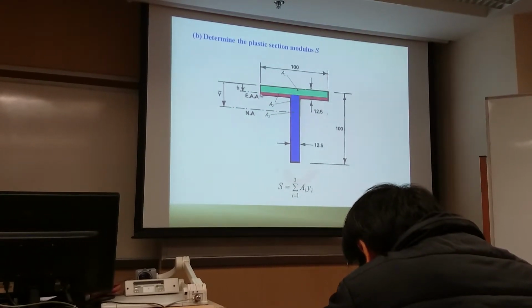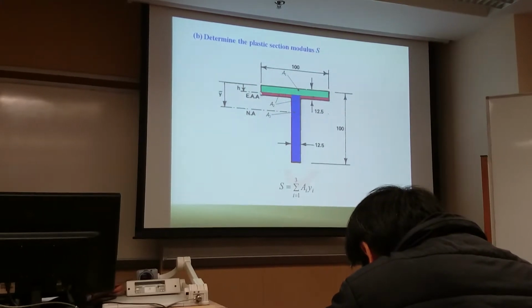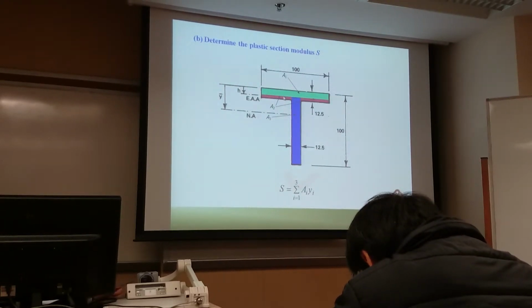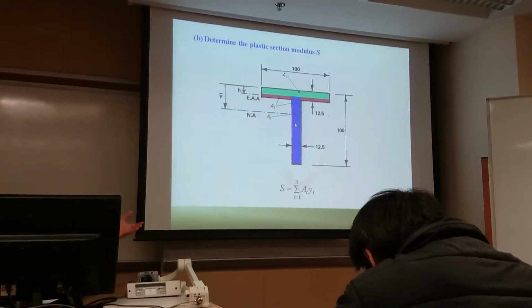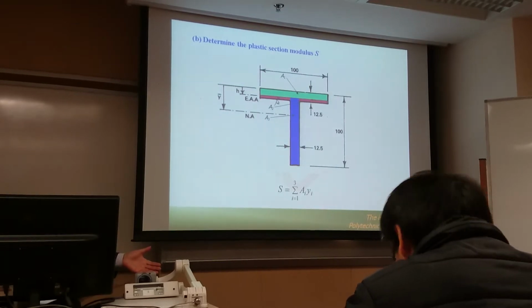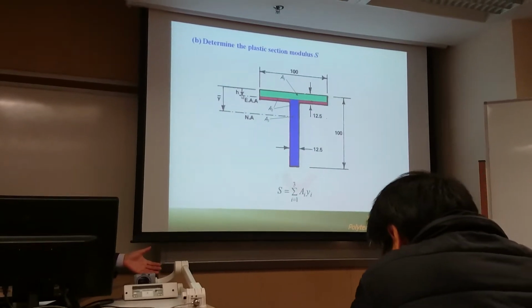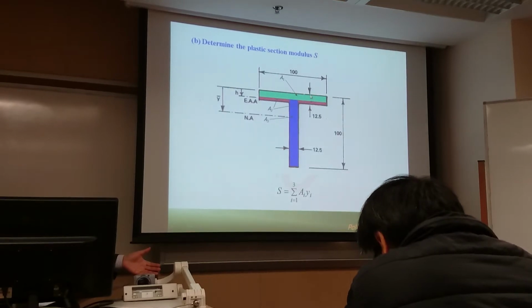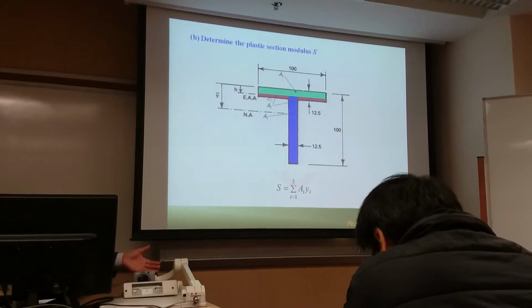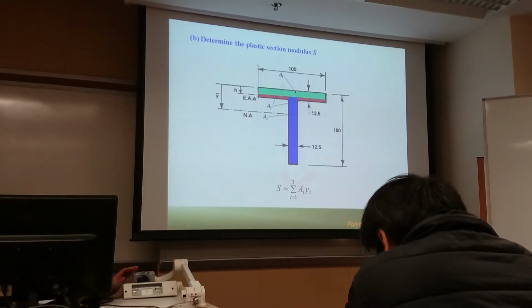If the equal area axis is within the flange, A1 should be equal to A2 plus A3. It's very simple. You calculate A1, which is a function of H. A2 is also a function of H, because the total depth of the flange is equal to 12.5, so 12.5 minus H times 100 is A2.